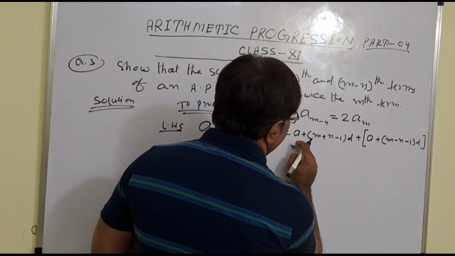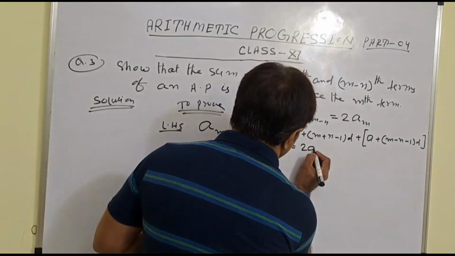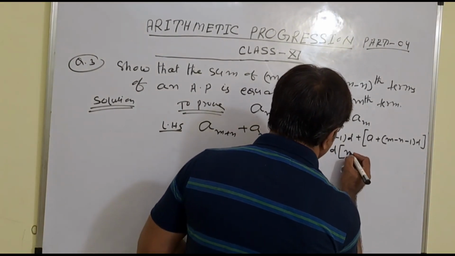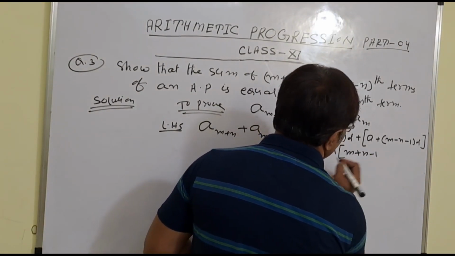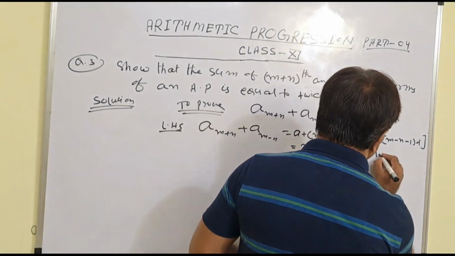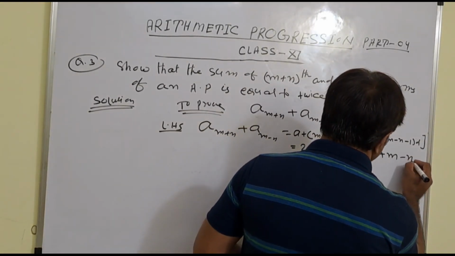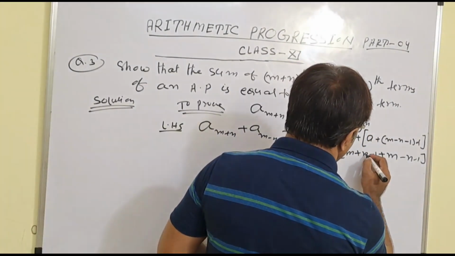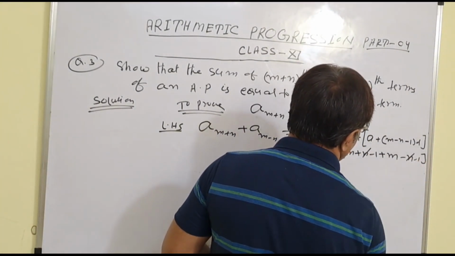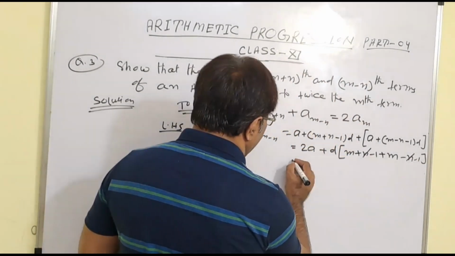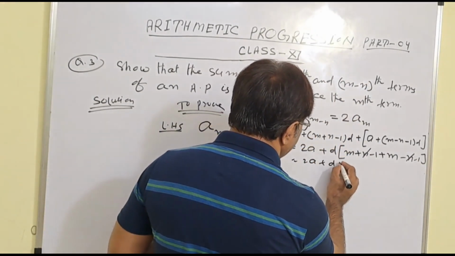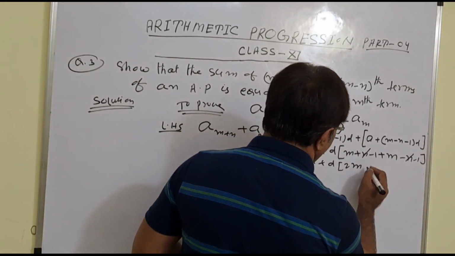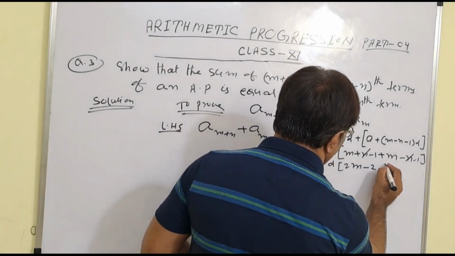Now you see here, A plus A is 2A. And if we take common D, we get m plus n minus 1 plus m minus n minus 1. Here the n and n cancel out. So we will get 2A plus D into 2m, this is m plus m is 2m, and minus 1 minus 1 is minus 2.